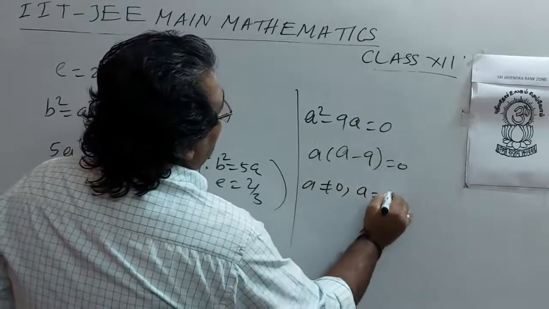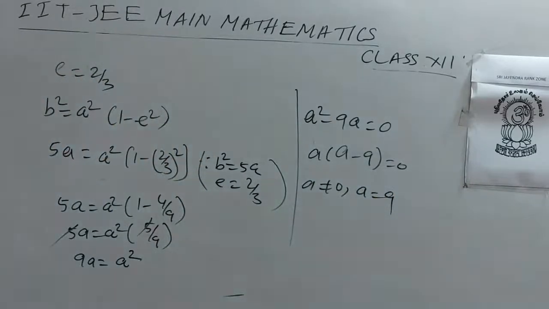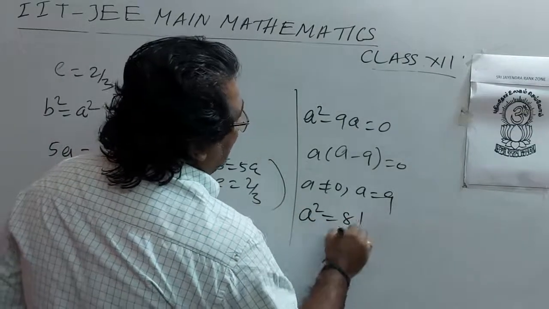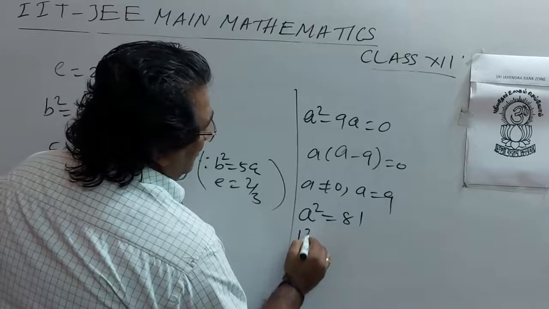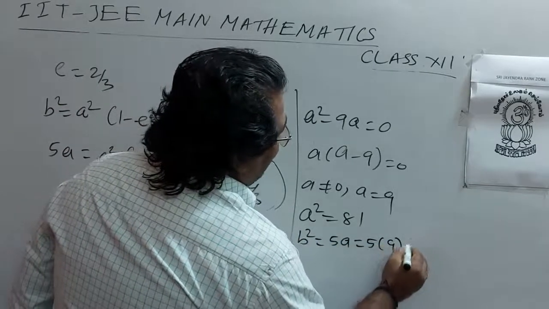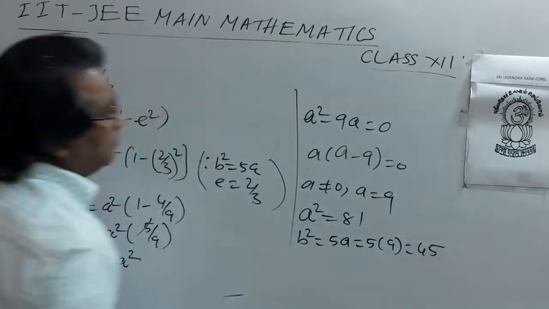A not equal to 0, so a equal to 9. A squared equal to 81. B squared equal to 5a, 5 into 9, that is 45.